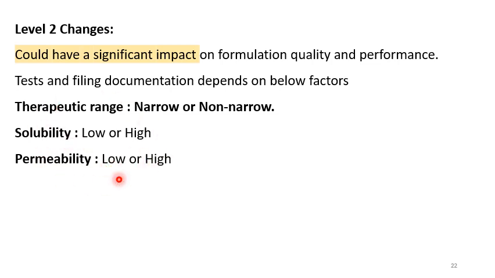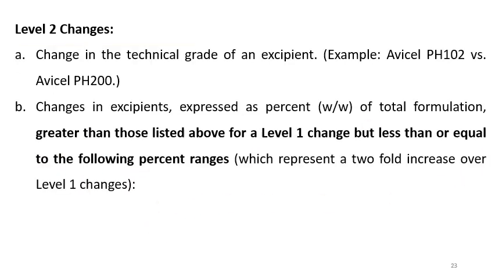That means these three criteria come into the picture for level 2 changes. First is therapeutic range. The product is narrow therapeutic or not. The API has solubility low or high and permeability low or high. So based on this, the level 2 change requirements are there.